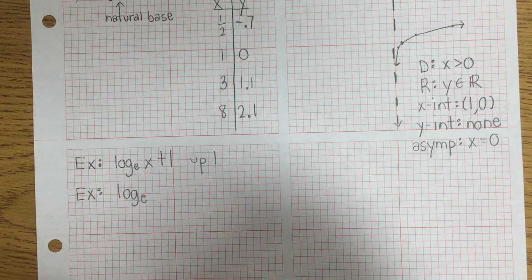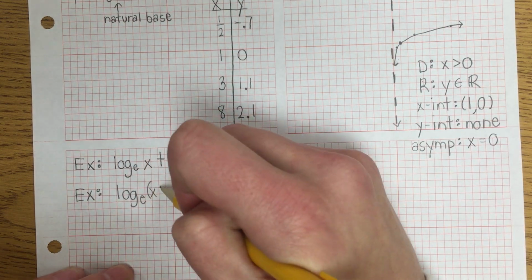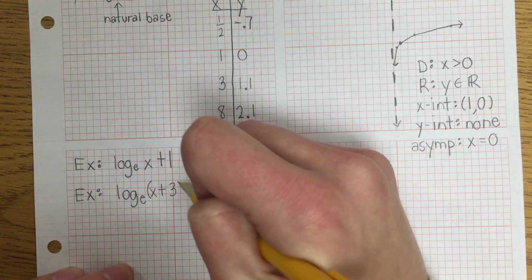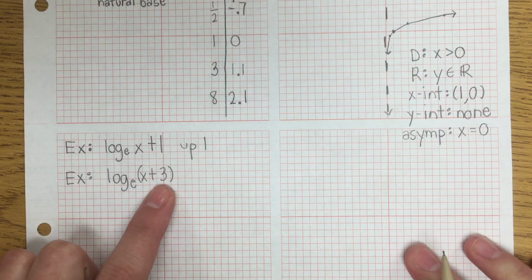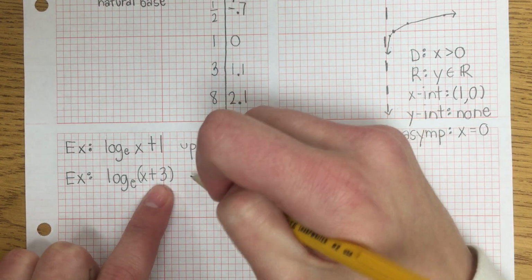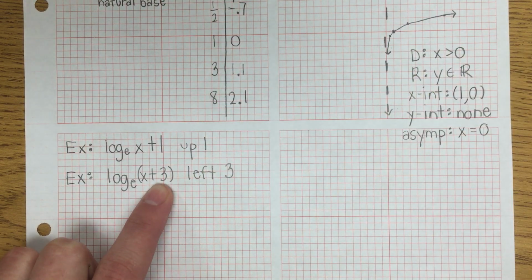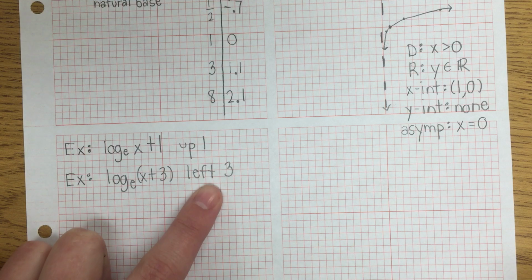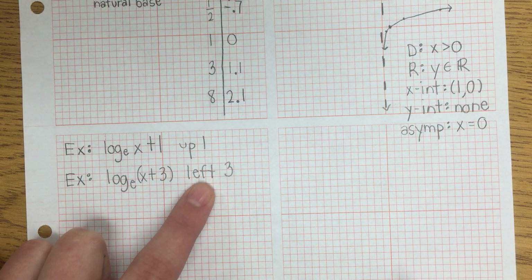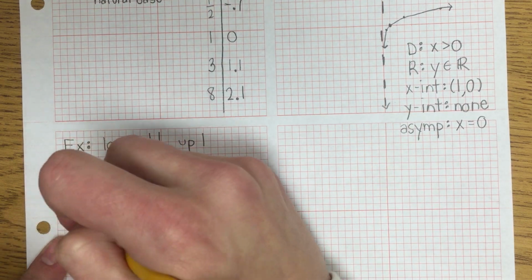If I have log base e of something like x plus 3 in parentheses, now since that's in the parentheses, that is going to shift left 3. That's an inside change, so that's a left by 3 movement.